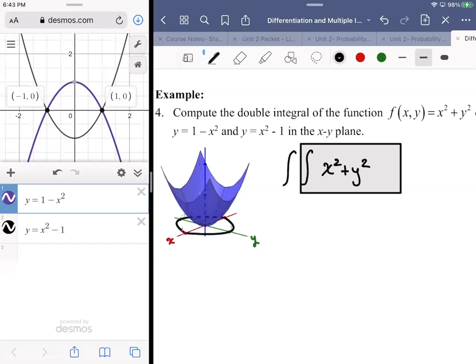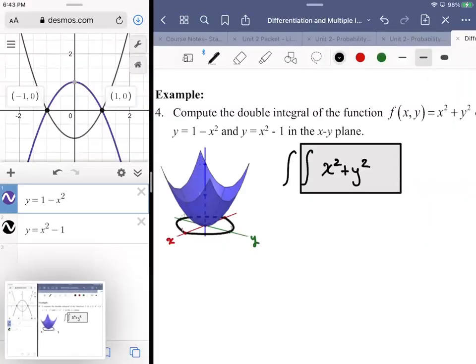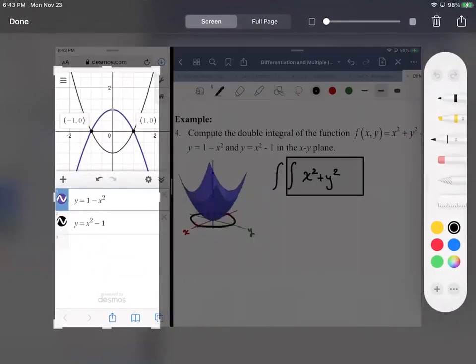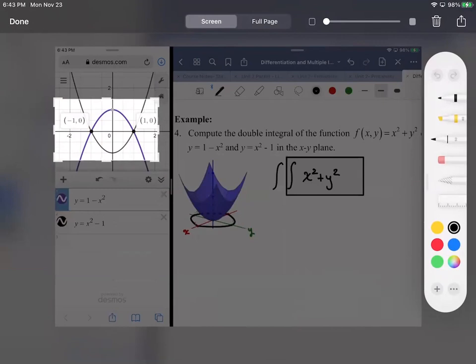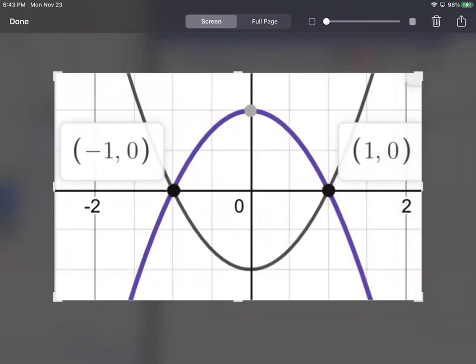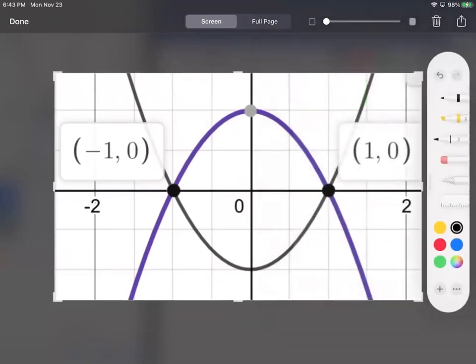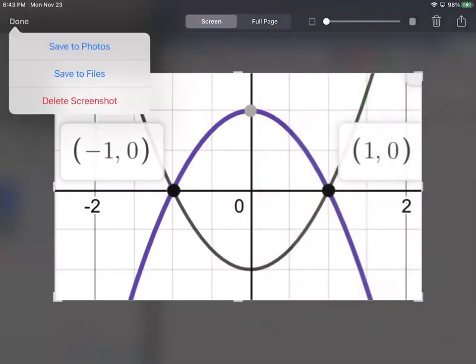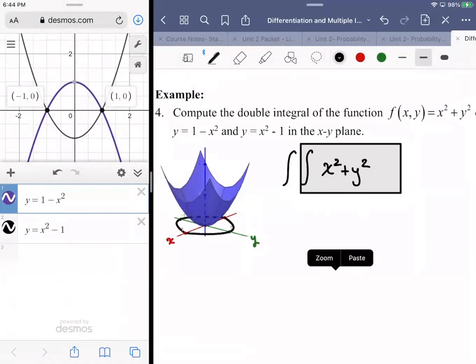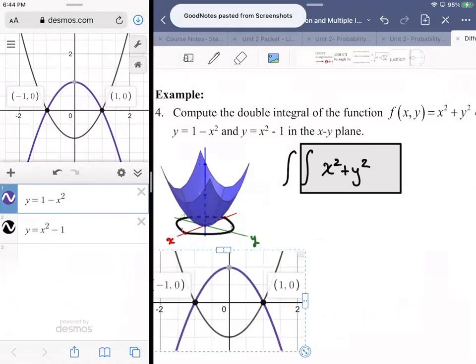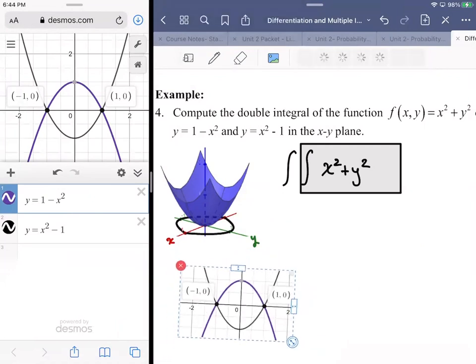Right. So I'm going to bring this in just so I can mark it up. Yeah, base.